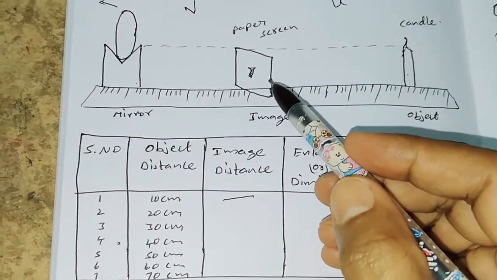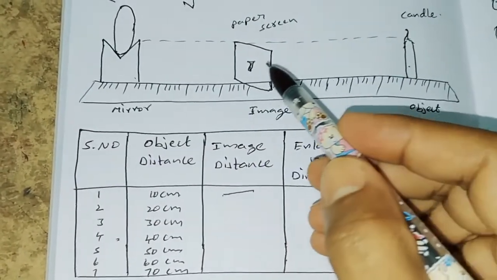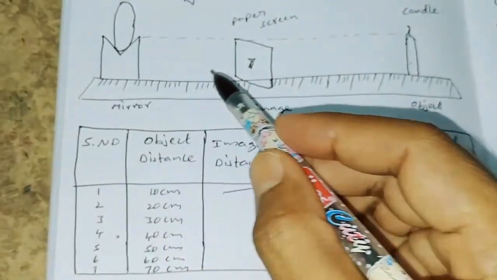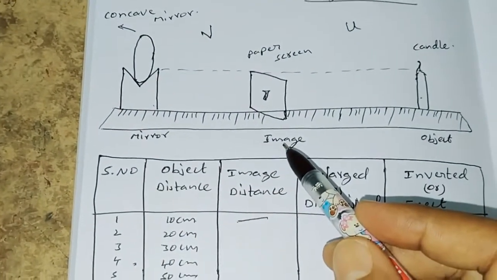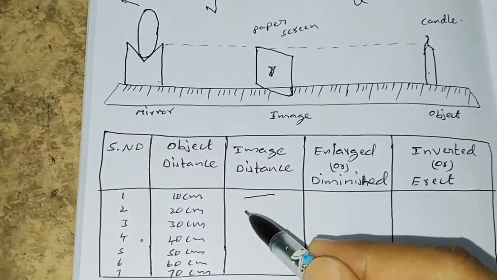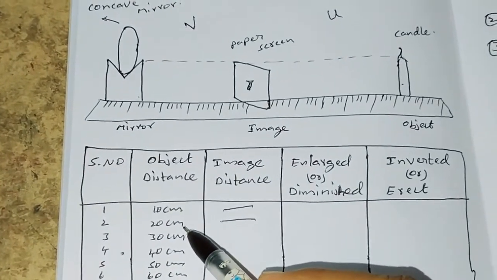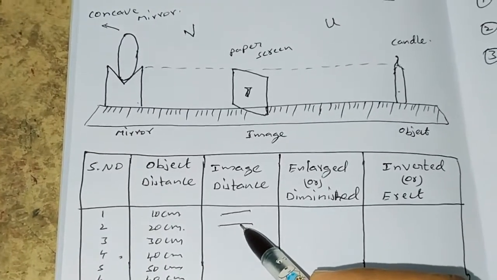Then once again you have to adjust the paper screen until you get the perfect image. Then measure this distance between mirror and image, which is the image distance, and note it down here. So for a 20 centimeter object distance, we are measuring the image distance also.